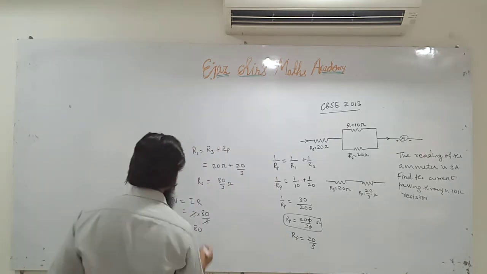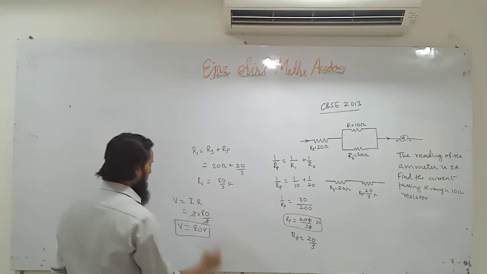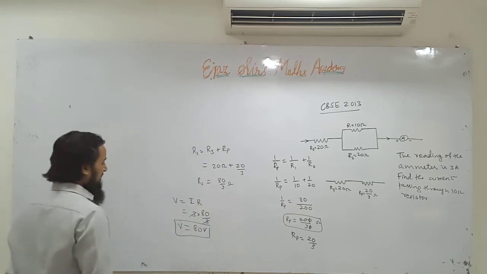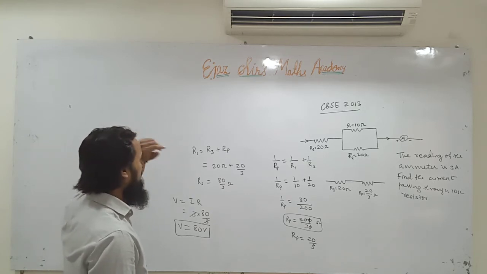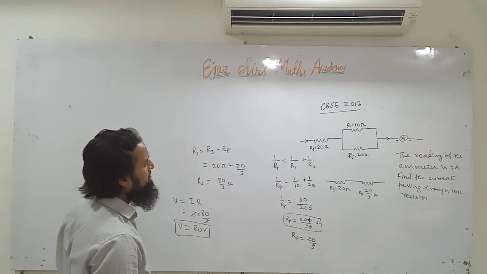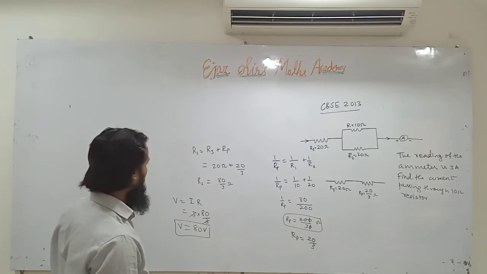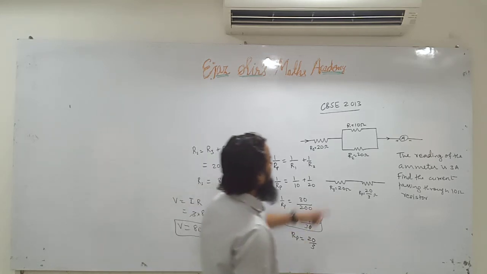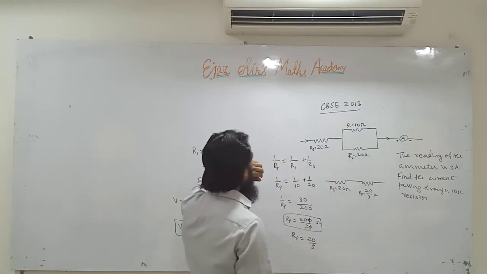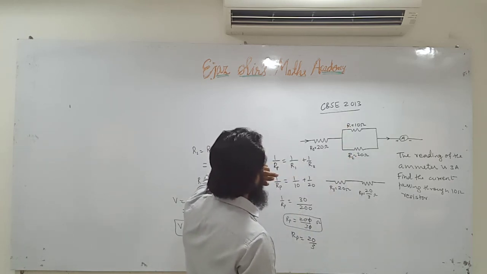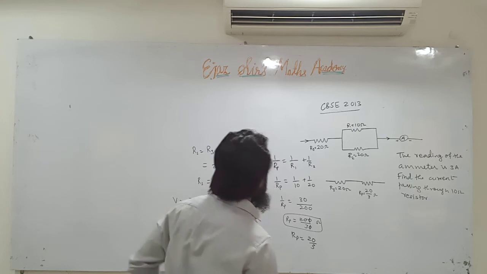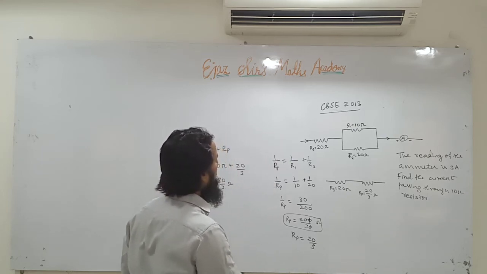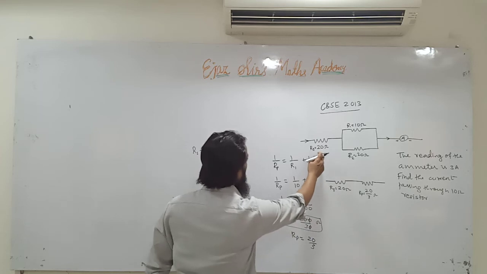Let us solve further, let us see. We have taken values on our own. If voltage is 80, current is given, voltage is 80 and these two are in parallel. So they will make 20 and 10. We will find out voltage spent here.